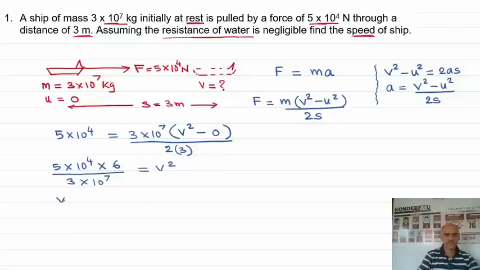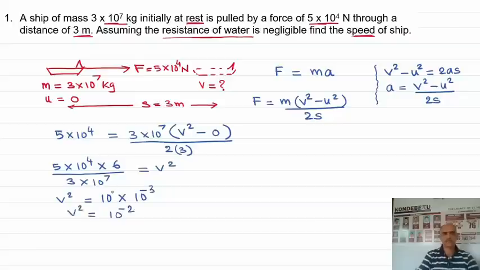Therefore v square is equal to, if you simplify, 6 5s are 30, 30 by 3 means 10. If you take this 10 raised to 7 to the numerator, it will be 10 raised to minus 3. Therefore v square is 10 raised to minus 2.